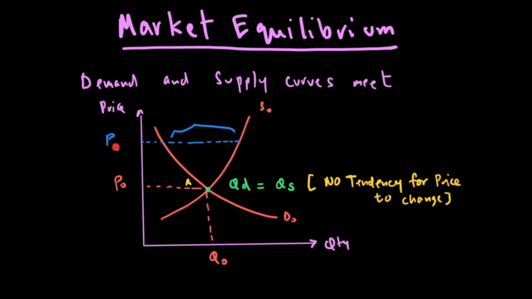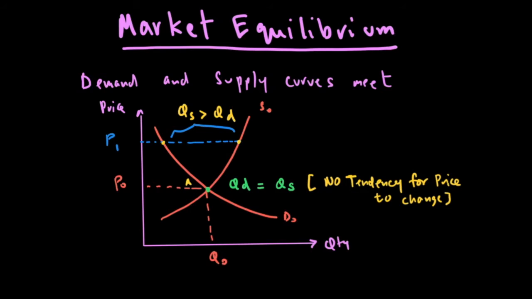So at P1, quantity supplied is greater than quantity demanded. In fact, we call this surplus production. What happens if there's a surplus and the producer is unable to sell this higher quantity that is produced?